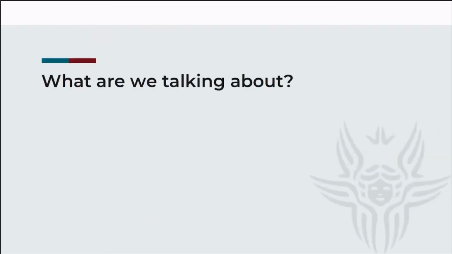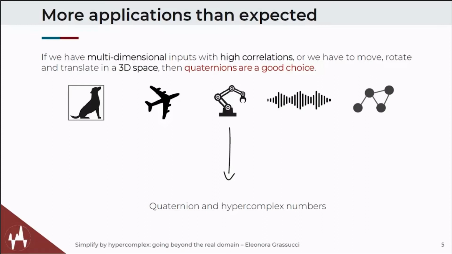So first of all, what are we talking about? Quaternions, I like to say, have more applications than we expected, since they can be involved in natural image processing, avionics, robotics, audio processing, graphs.